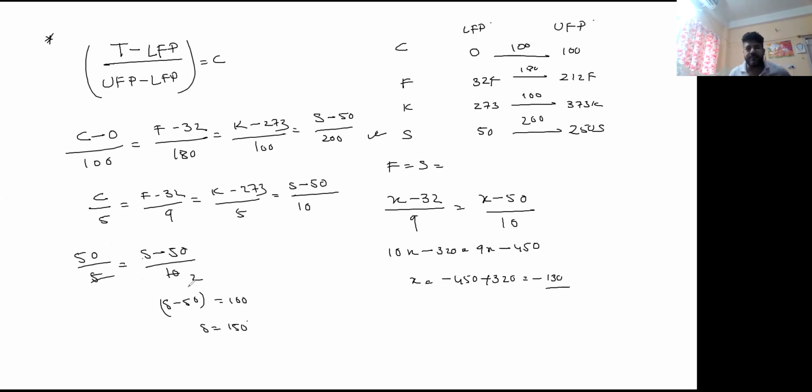Apart from that, you have linear expansion, three types of expansion. One is called linear expansion. In linear expansion, change in length is directly proportional to initial length into change in temperature.